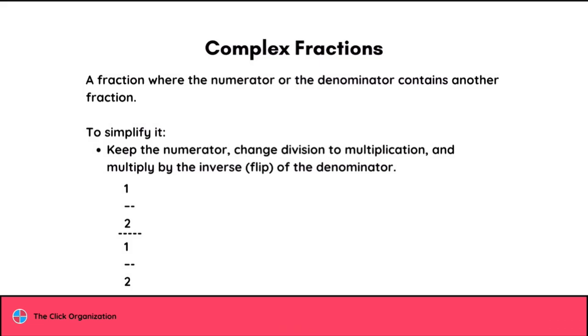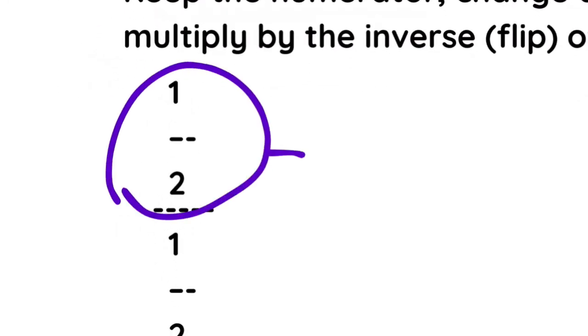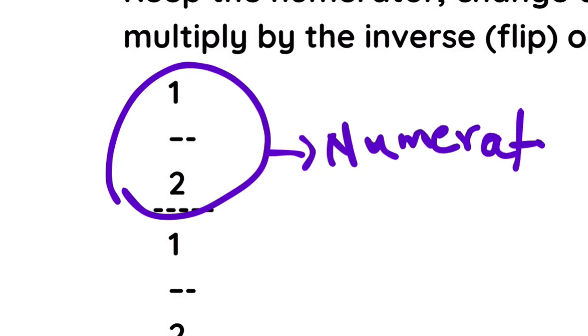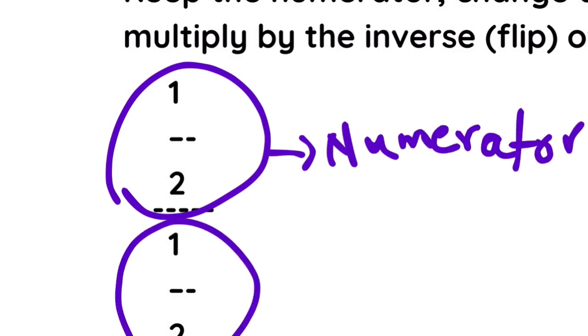And how can we simplify? Well, you keep the numerator, change the division to multiplication, and then multiply the numerator by the flipped version of the denominator, okay? So in here, I have a complex fraction. This is my numerator. And this is my denominator.